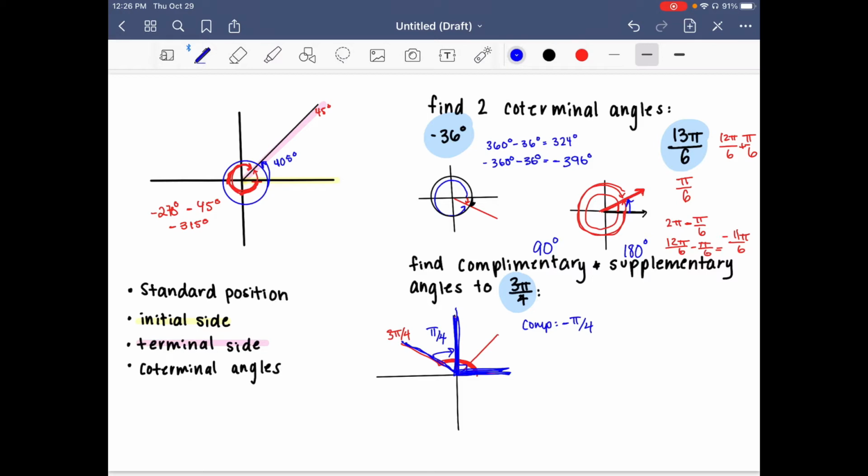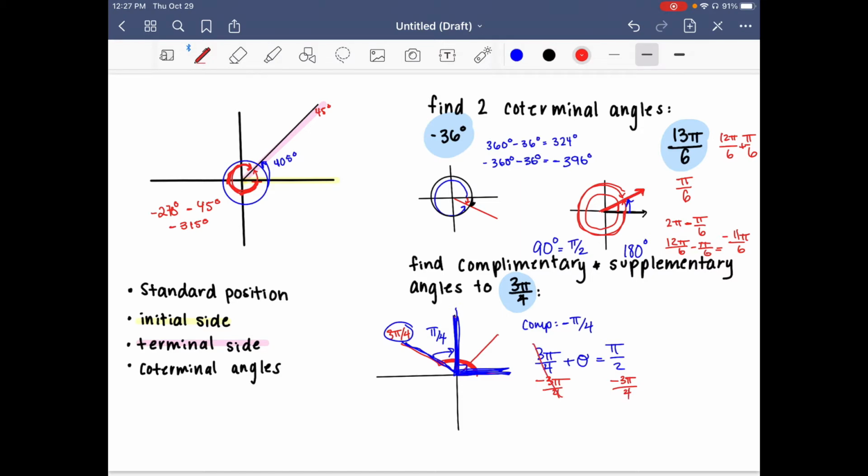I could also solve this algebraically. I know that 90 degrees is pi over 2 from just what I know about the unit circle from last year. So that means I need my original angle, 3 pi over 4, plus some other angle theta to equal pi over 2. Now I can solve for my angle just like I would solve for x.